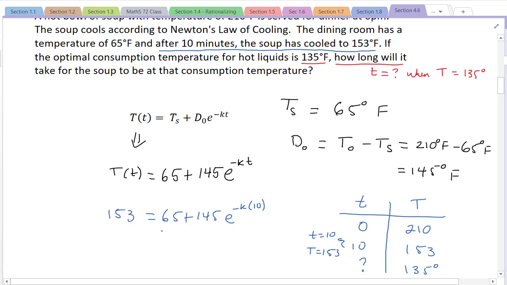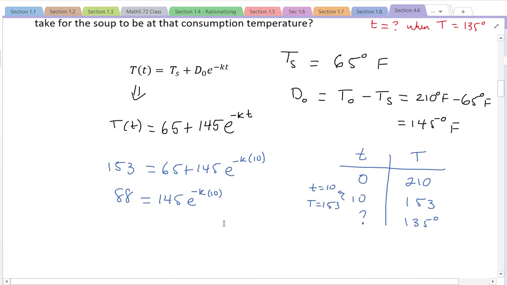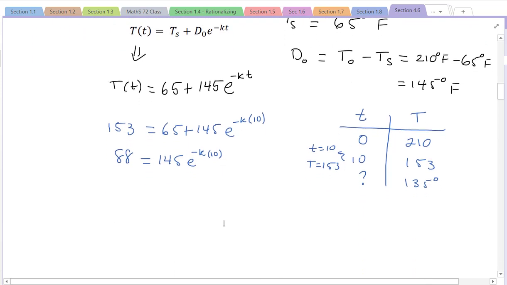Subtract 65 from both sides: 153 minus 65 gives us 88 equals 145 e to the minus k times 10. We want to solve for k, so divide both sides by 145. I have 88 over 145 equals e to the minus 10k.